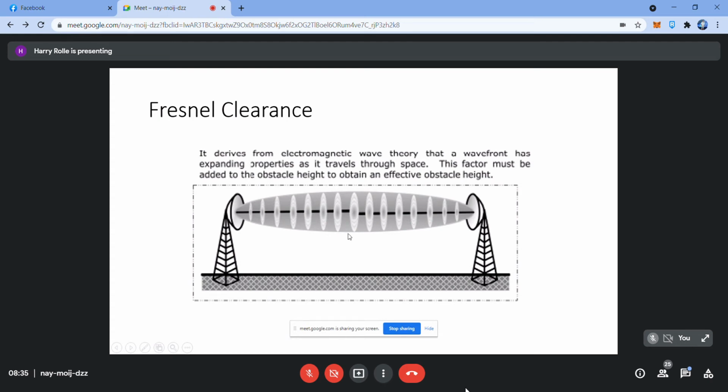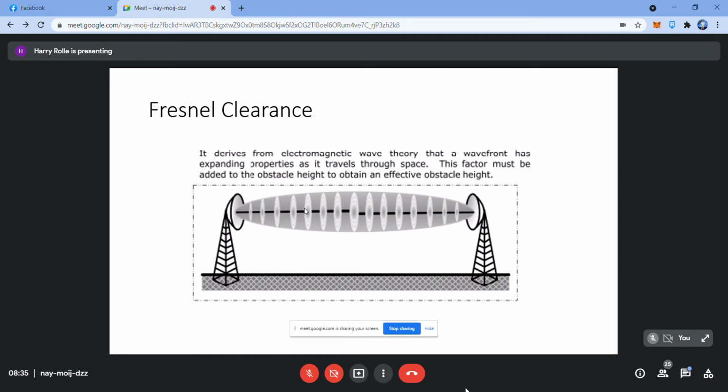Halimbawa, may isang puno dito, hindi dapat didikit yung puno, kasi magkakaroon na yun ng refraction ng signal. Magba-bounce na dun yung signal at kung saan na pupunta. O kaya wala dapat building dito na mag-o-obstruct sa signal natin na didikit dun sa Fresnel clearance. Are we good?